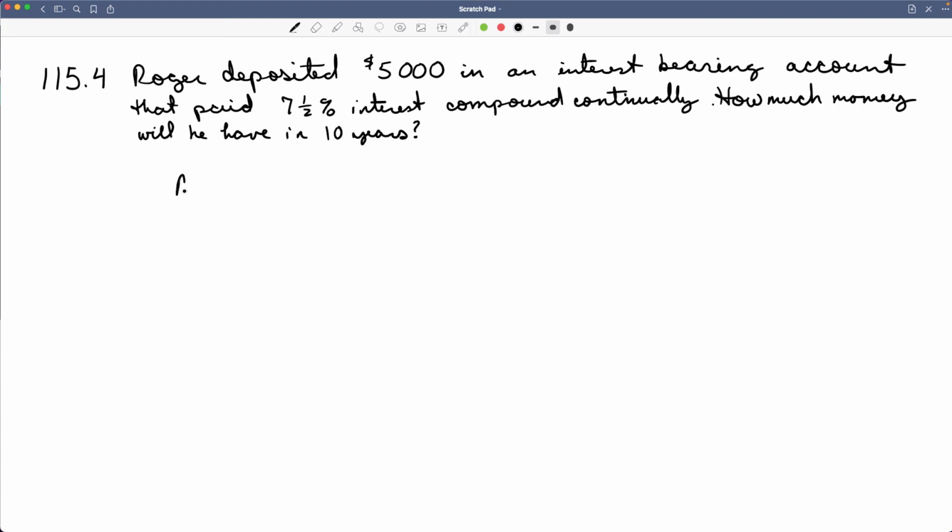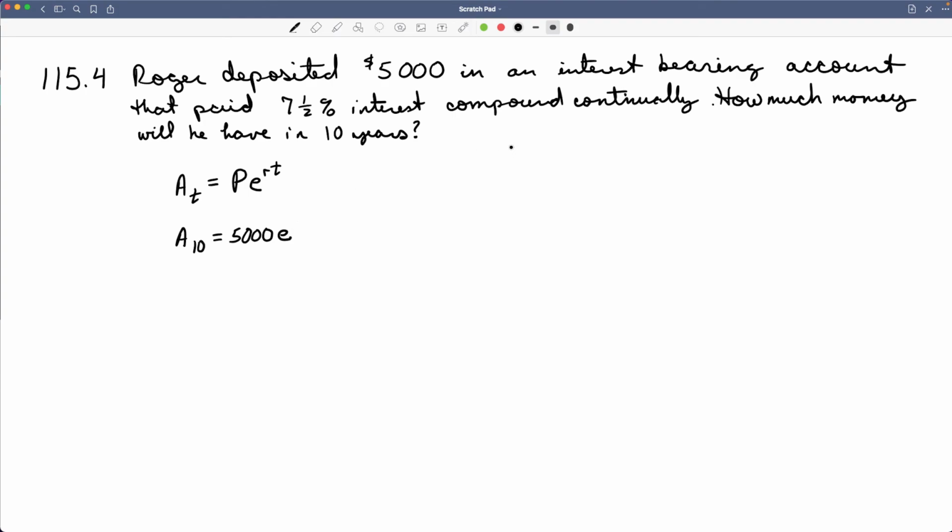Okay, so the amount in time would equal the original amount, the principal, times e to the exponent of rate times time. So the amount in 10 years would be the principal, 5,000, times e to the rate of 7.5%.